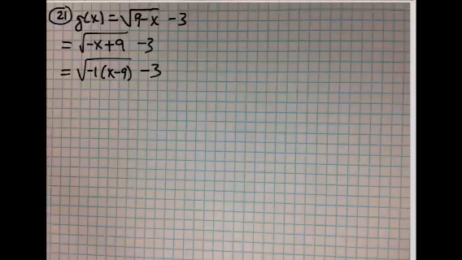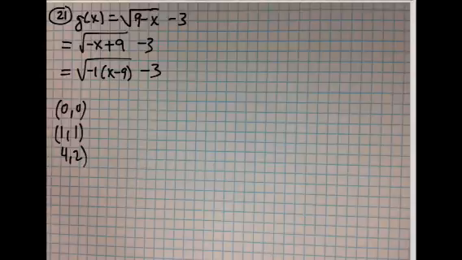Anyway, so the reference points for a square root function are 0, 0, 1, 1, 4, 2. The b value is negative 1. Now remember, we do reciprocal of b, but because it's 1, well, reciprocal of 1 is 1.